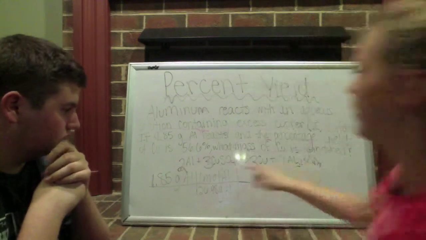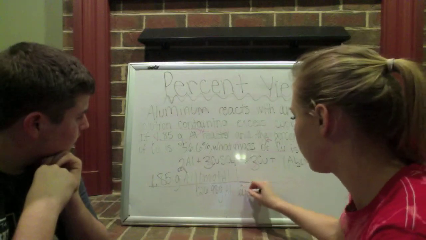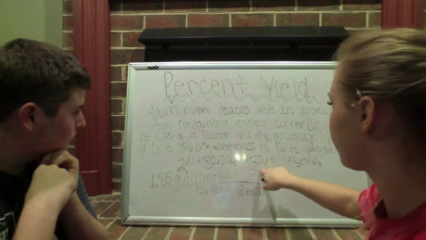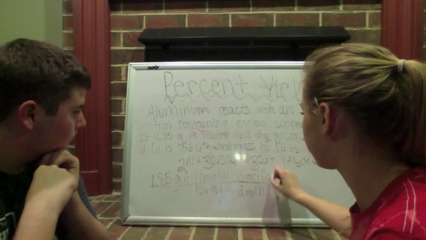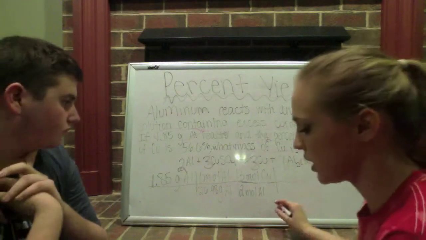And then when we look at our equation, we can see that there are 2 moles of aluminum for every 3 moles of copper. And then since it's asking for the mass of copper, we have to change that to grams.